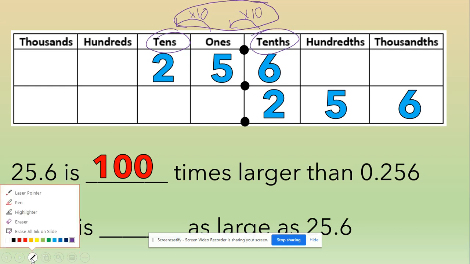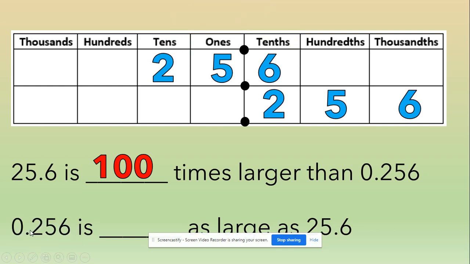Let's clear this and go the other way. We have 0 and 256 thousandths, and comparing that to 25 and 6/10. So here, the 2 is in the hundredths place, compared to the 2 in the tens place. We're going one place value to the right, which is multiplying by 1/10, because the ones place is 1/10 as large as the tens place.